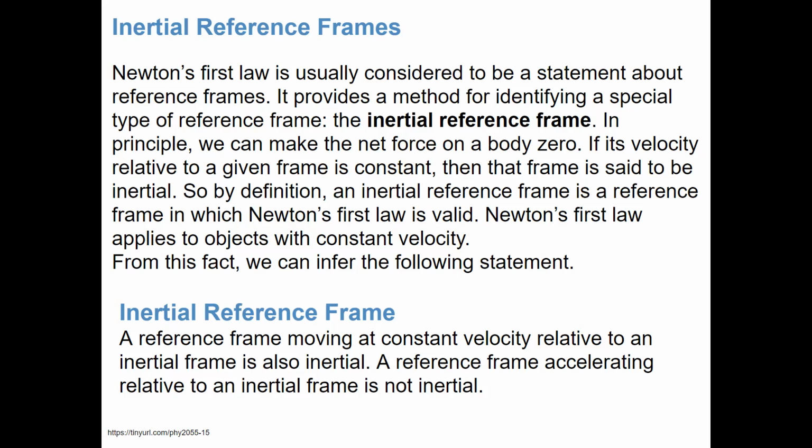Or maybe when it's not moving, when it's at rest, then you can call it your inertial frame of reference. And when it's moving with a constant velocity, it can also be used as an inertial reference frame.